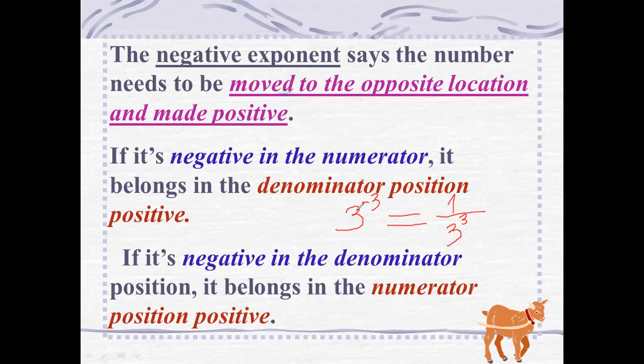So 3 to the power of negative 3 moves to the opposite position and becomes positive 3: 1 over 3 to the power of 3. If it's negative in the numerator, it belongs to the denominator position as positive. So it can be written also the other way around. If it's negative in the denominator, then it belongs to the numerator as positive. Okay, so that is it.